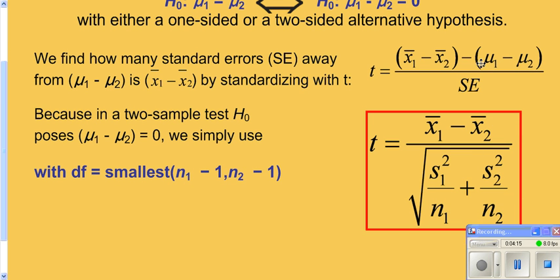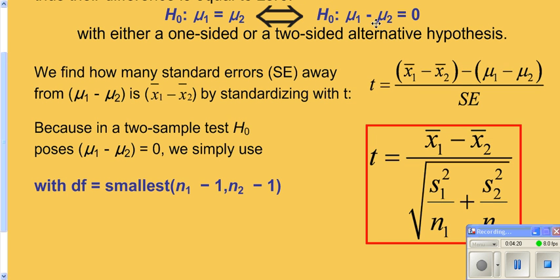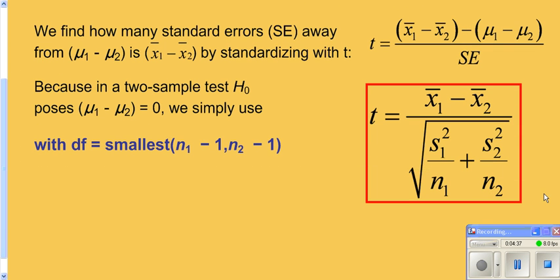Now, the reason we don't need mu 1 minus mu 2 is that the null says mu 1 minus mu 2 is 0, so the second parenthesis is 0, and if we subtract 0, it doesn't change anything, so it really just leaves us with the first parenthesis. So it simplifies down to just the difference in the sample means over your standard error. And your degrees of freedom, once again, is one smaller than the smallest of the two sample sizes.